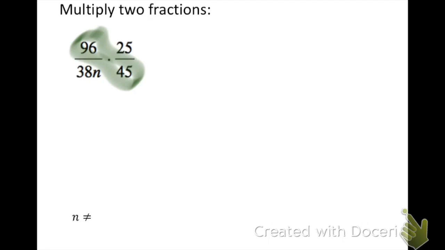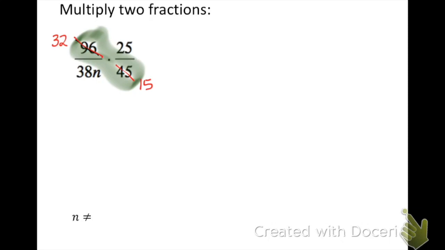So if I divide them both by 3, let's see, we get 32. 96 divided by 3 is 32. And 45 divided by 3 is 15. I'm sorry, I put 3, but I meant to say 15. Okay, so that's all the common factors across that way. Across this other way, we don't have any common factors. 25 and 38, there's nothing in common, and there's only one n.